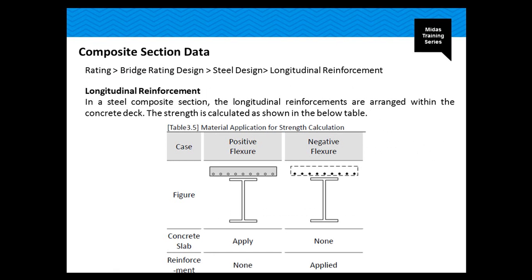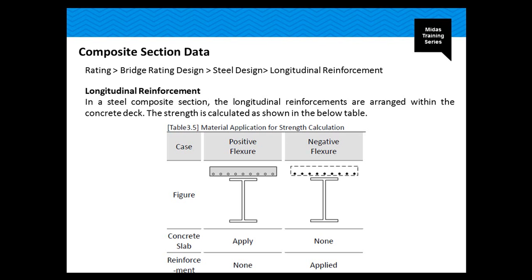For this steel composite, you can also define the longitudinal reinforcement. As we mentioned earlier, you have the option of defining the plans. I mean, in the load rating, you have to define the information based on the plans of the bridge. So in this case, you can also consider the reinforcement to perform the load rating.